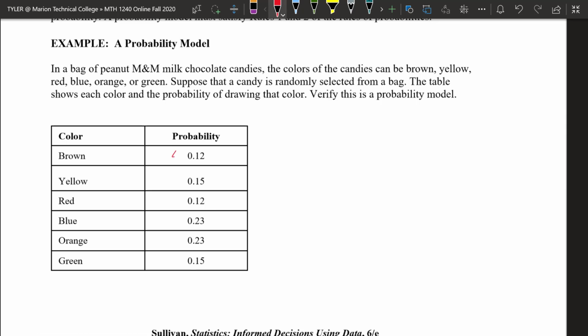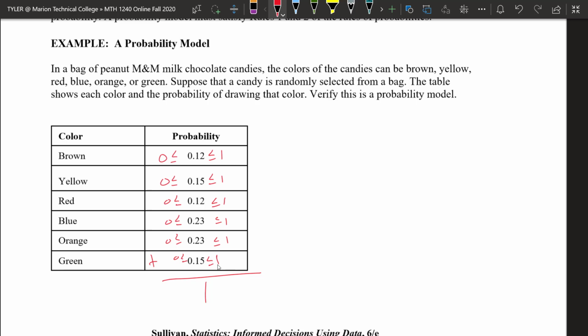So each of these needs to be in between 0 and 1, which is the case. All of these probabilities are in between 0 and 1. Then the next condition is if I add all these up, we need that to be equal to 1, which you can double check with your calculator, and that's true.